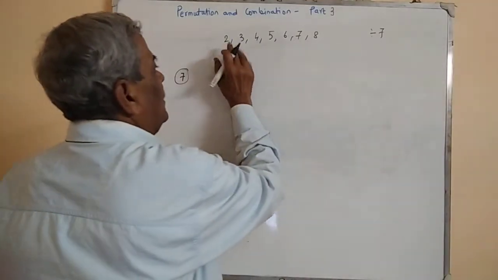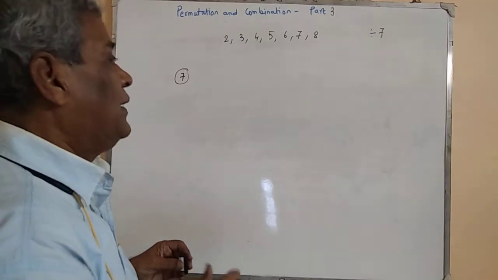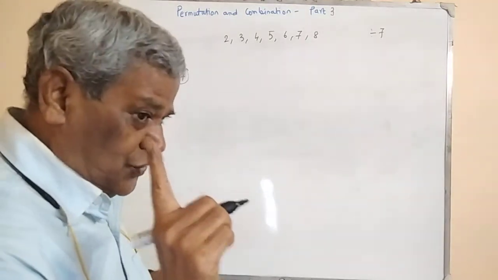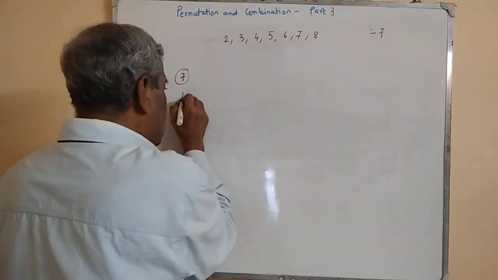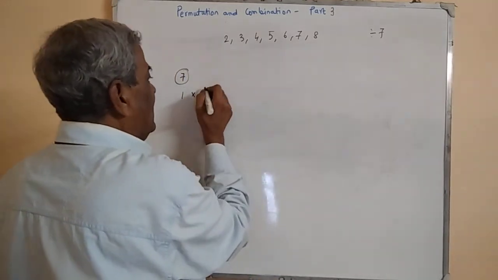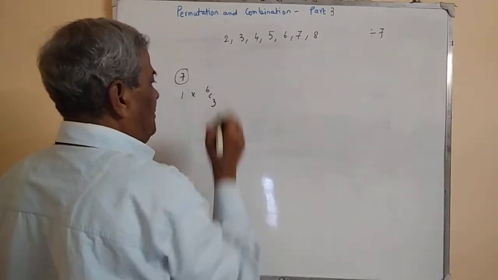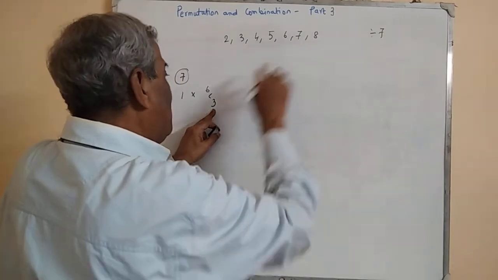So after that, 2, 3, 4, 5, 6 and 8 are left, and from there we have to choose 3 more. So 7 can be chosen in only one way. And for each set, 6C3, out of them 3.